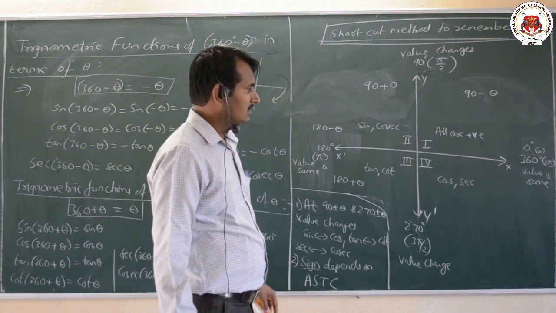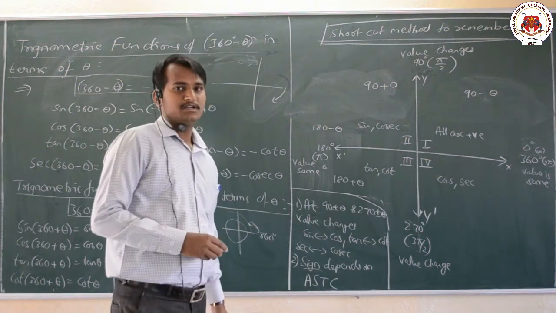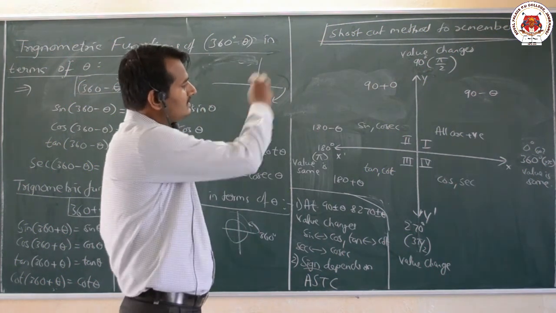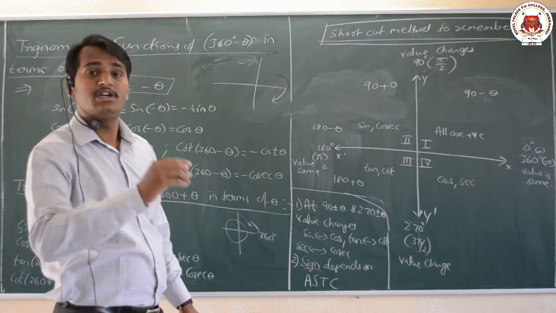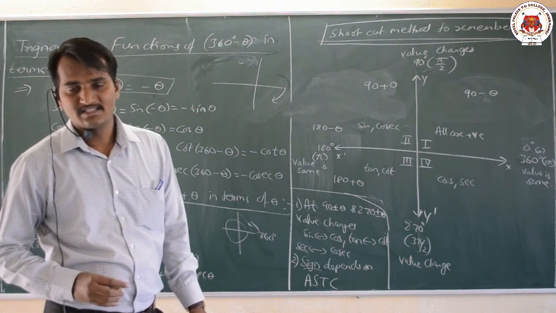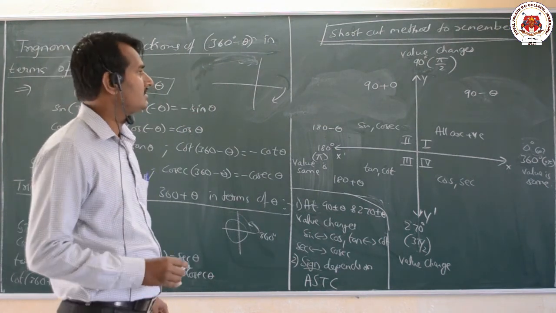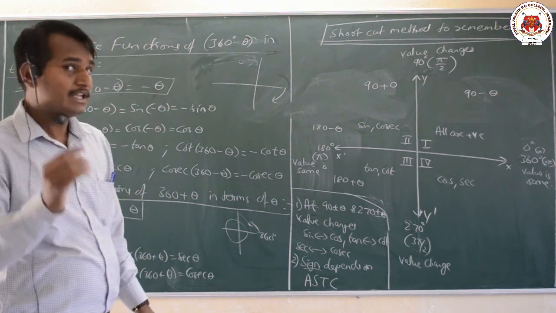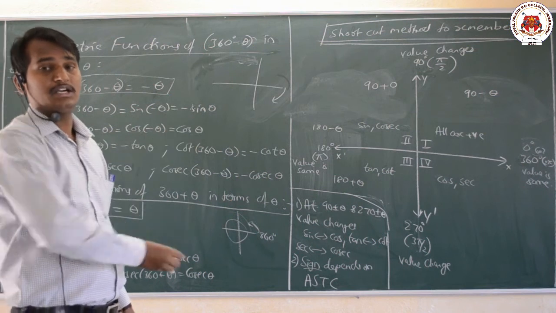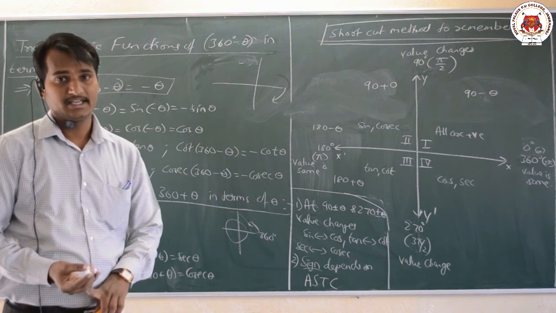Okay dear students, this is our shortcut method, one single step to remember all the trigonometric functions of allied angles. It is a very, very easy method to remember them.